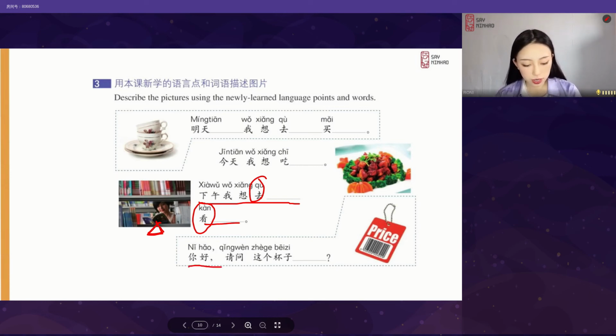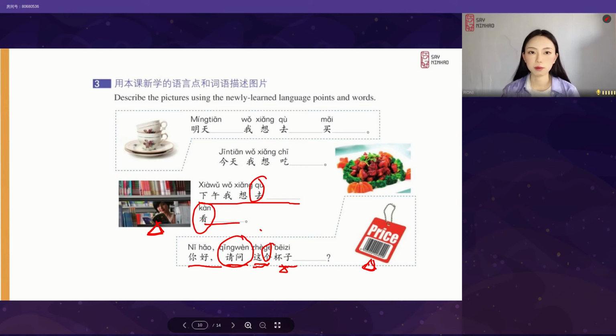Now last one is 你好，请问这个杯子？请问 we've learned in last lesson it means excuse me, asking things in a polite way. And 这个杯子，这 plus a measure word plus something. This cup. And here is the price. The hint is about the price.